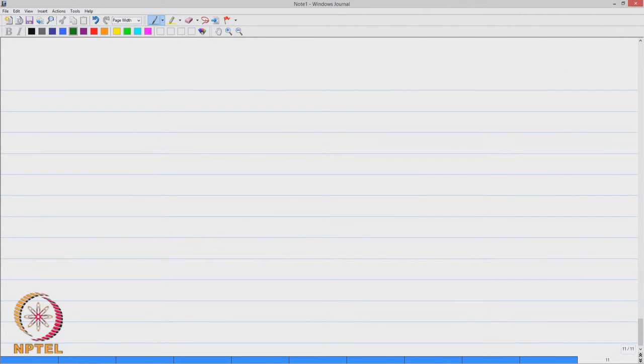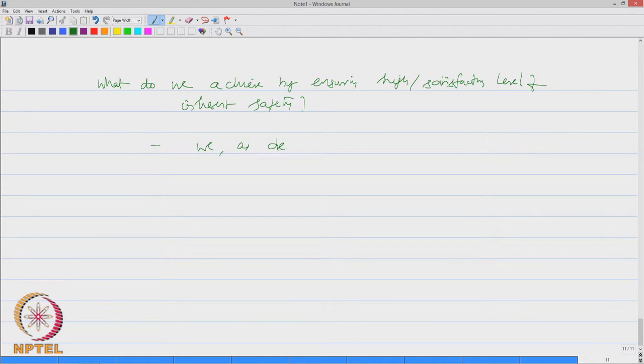So, what do we achieve by ensuring this? That is a very interesting question. What do we achieve by ensuring a high or at least satisfactory level of inherent safety? We as designers make the platform to be as low as reasonably practical.